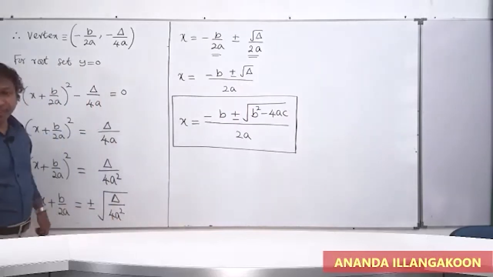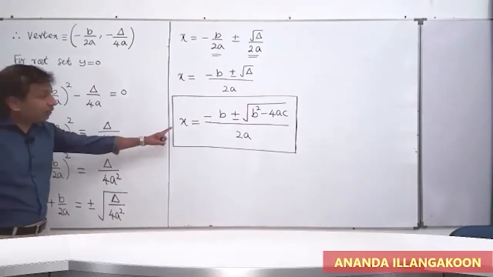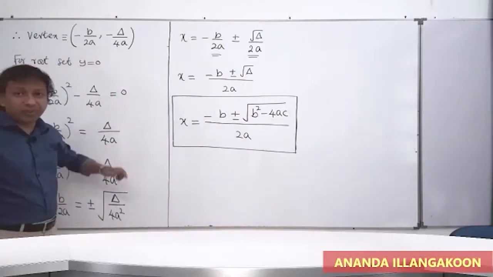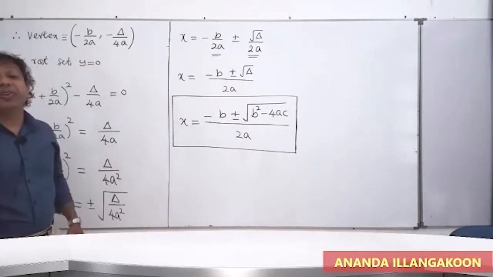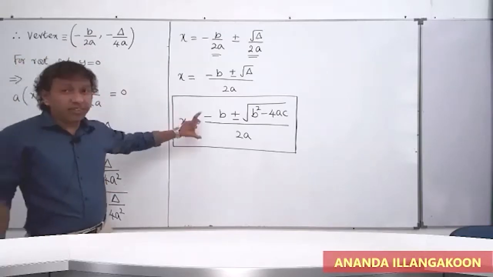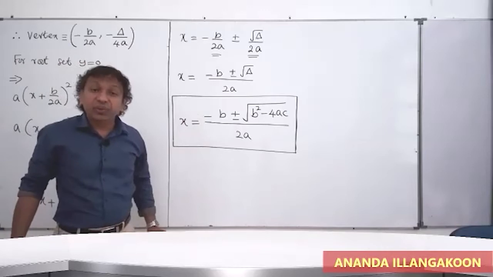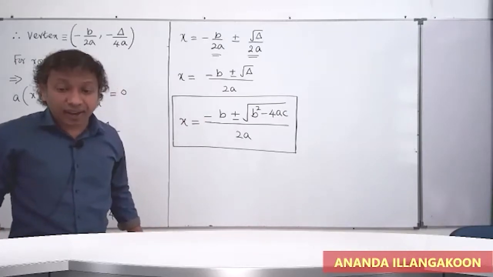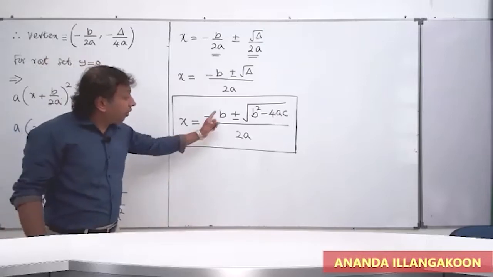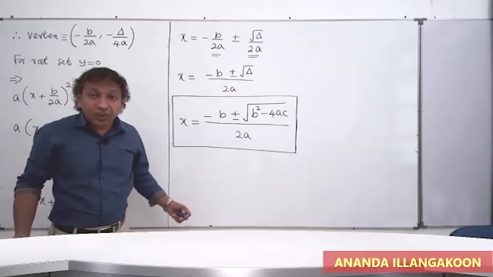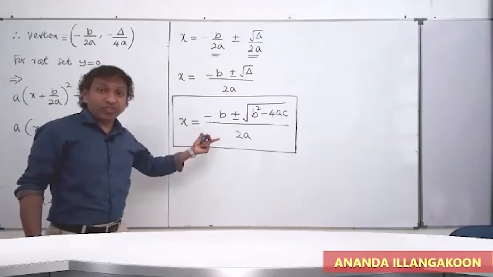Okay, so this now gives the two roots. This gives what, the vertex. Using this result, you can now determine the coordinates of the vertex and the roots. Then, if necessary, we can draw the graph with the help of this formula.